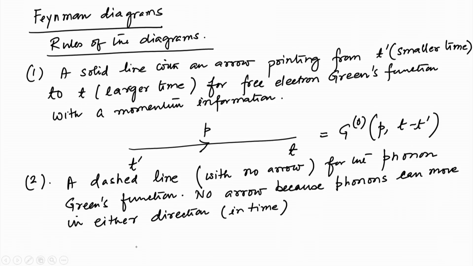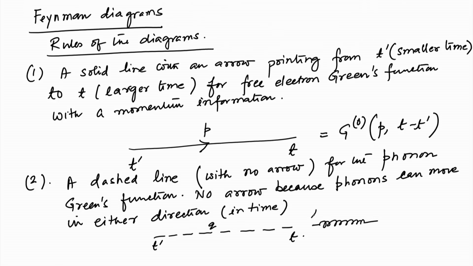So it is this line, and there is a t prime to t, and similarly there is say a q momentum. We will not put an arrow. Sometimes this is also written with a springy line like a spring.